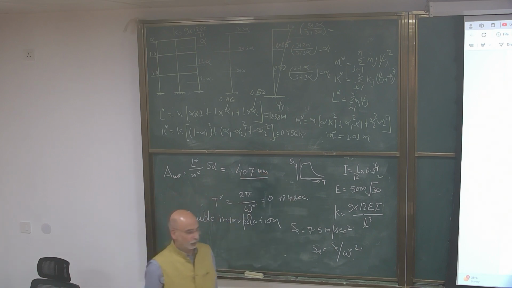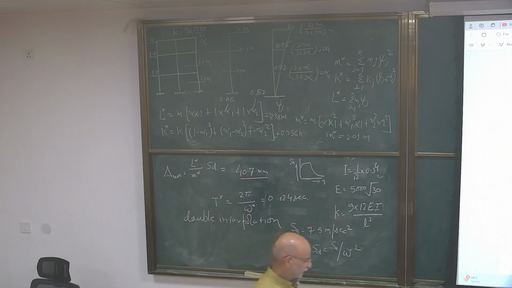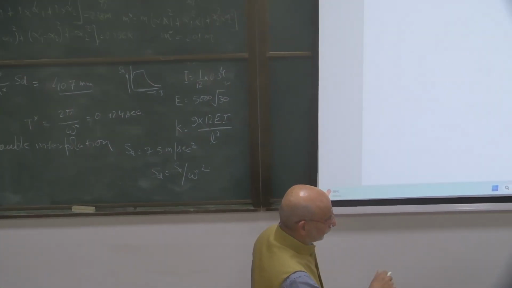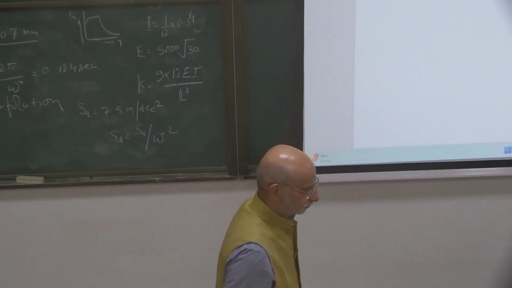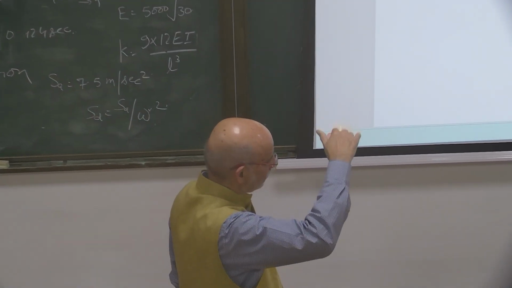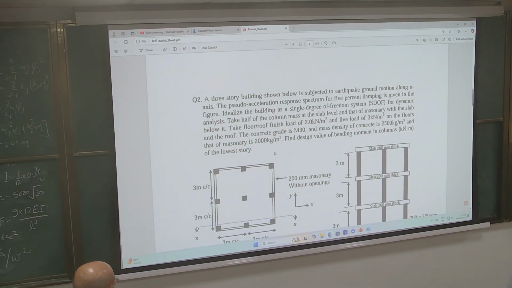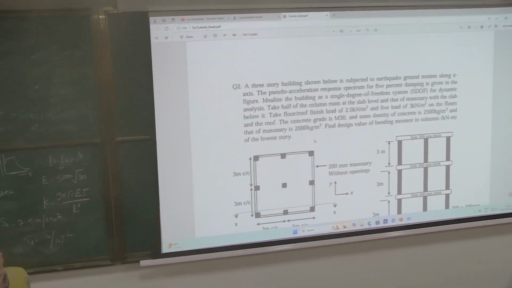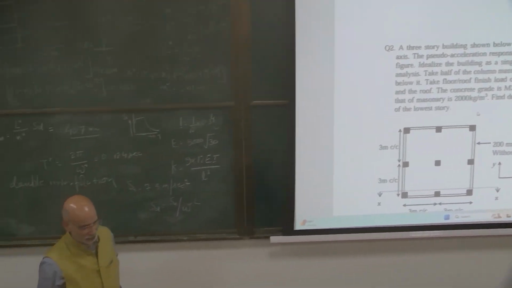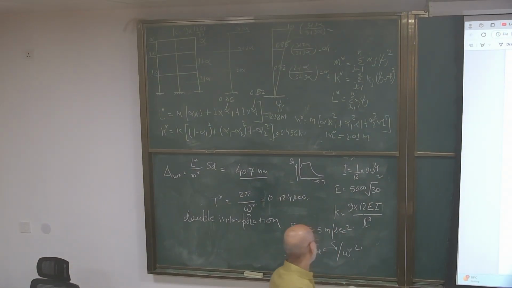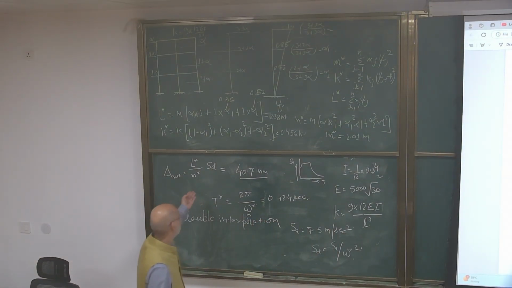Okay. Now, the task before you is what? Now, the task is to find the design value of the bending moment in the column of the lowest story. Why the lowest story? Maximum. So this displacement has come.